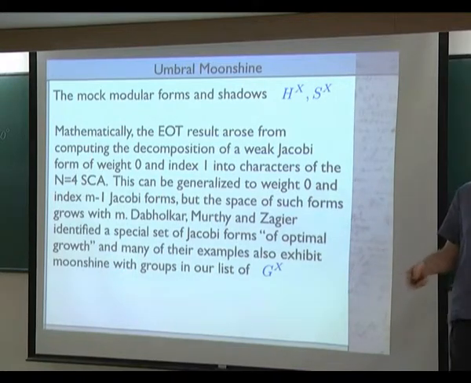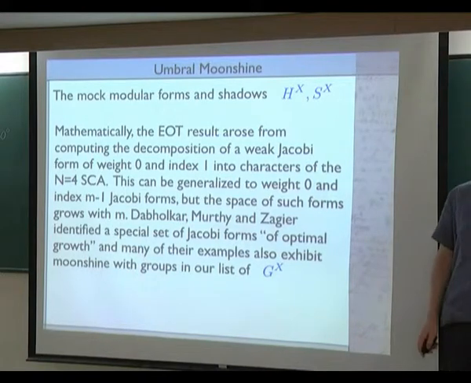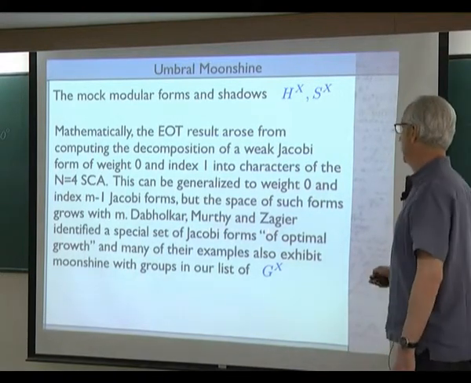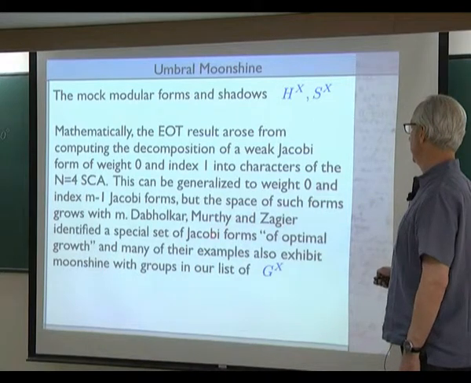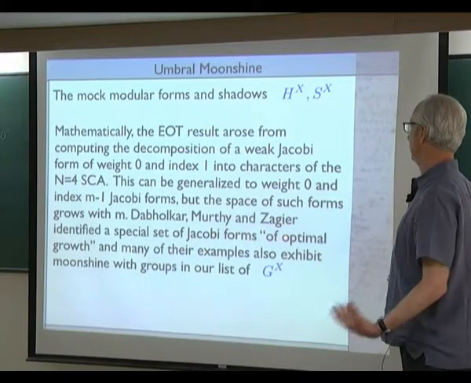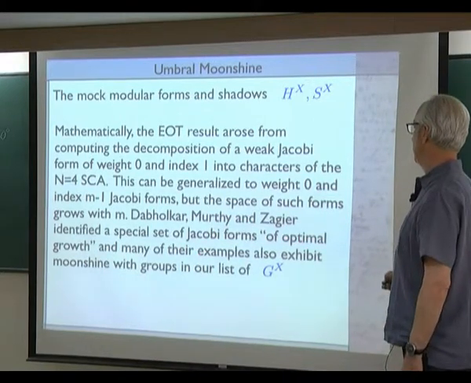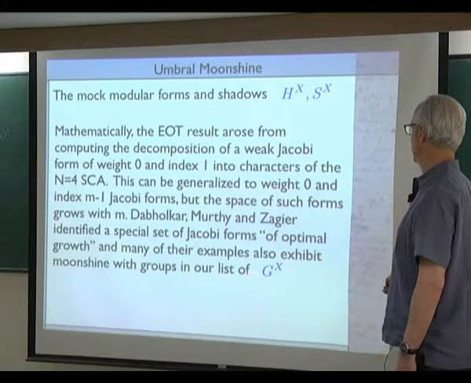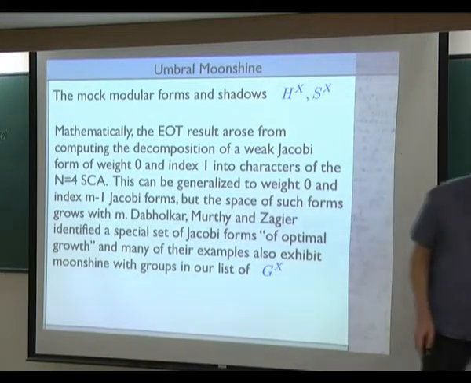And the finite part is a mock Jacobi form. In their work, they identified a special set of Jacobi forms of optimal growth, and many of their examples exhibit moonshine with groups on our list G_X.